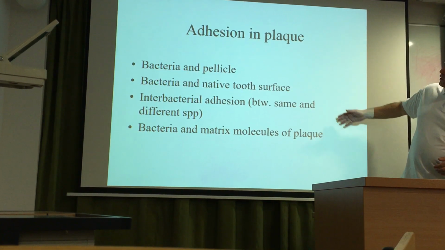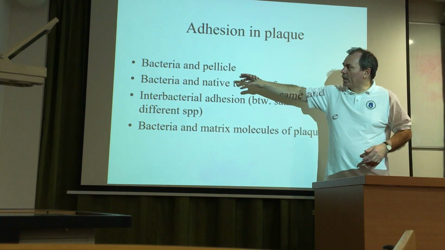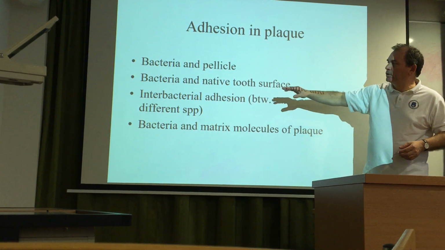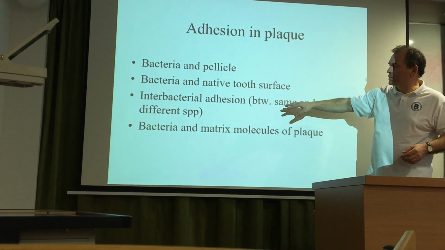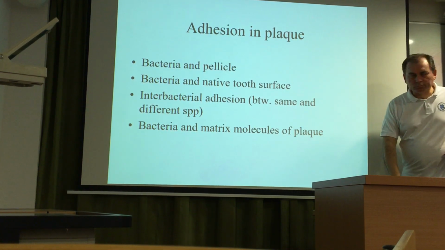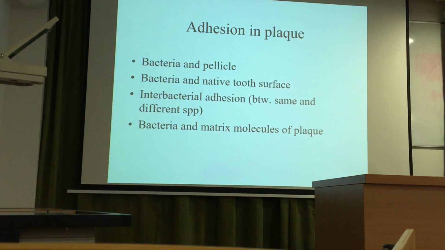As for adhesion in the plaque, bacteria can connect to the pellicle, bacteria can connect to the native tooth surface, and there can be interbacterial adhesion as well. And the bacteria can connect to the macromolecular components of the plaque.